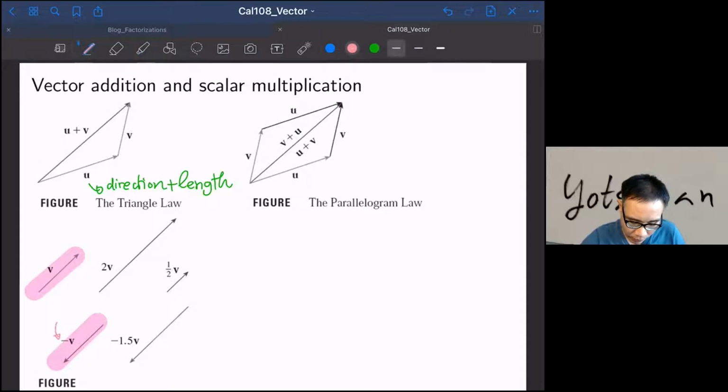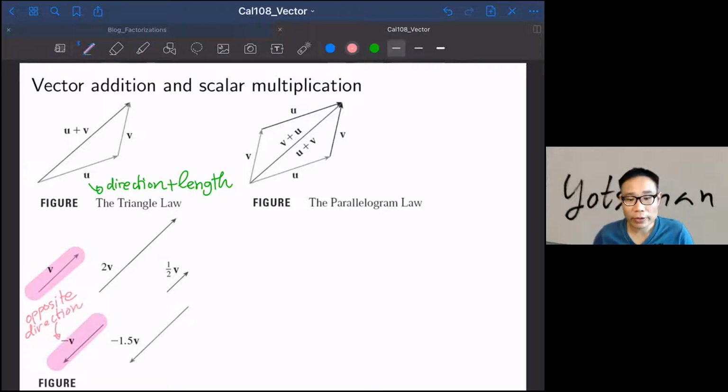So negative v turns out to be the vector that has the same length as v, however in the opposite direction of the vector v. Let me erase this a little bit, I need some space.